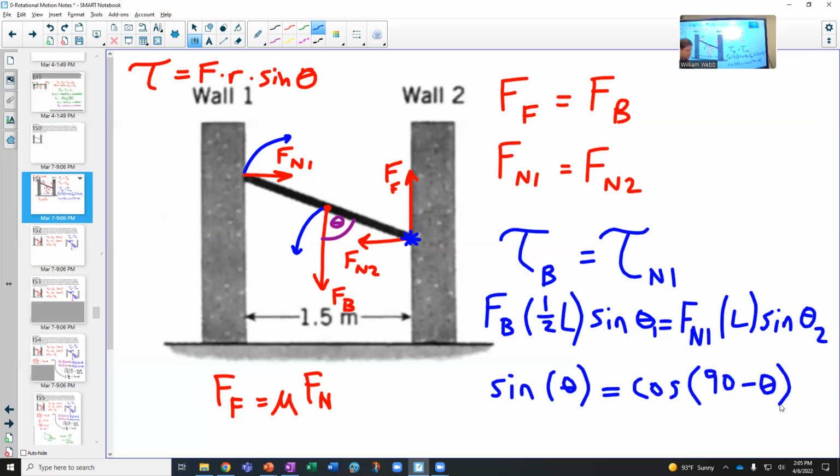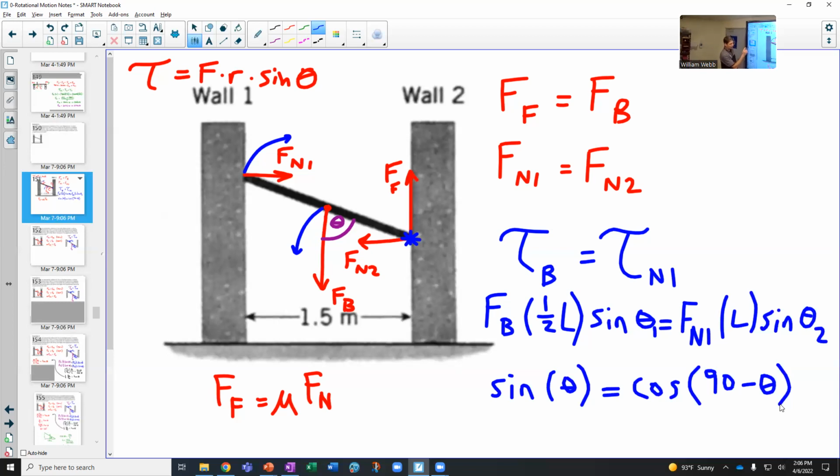I don't know if that's how it typically looks in the textbook, but you recall that sine-cosine relationship for the complementary angles in a triangle? So we're going to capitalize on that because we know that they are complementary. Now, that may not be totally clear why they're complementary, so let's take a look at the geometry a little bit more.